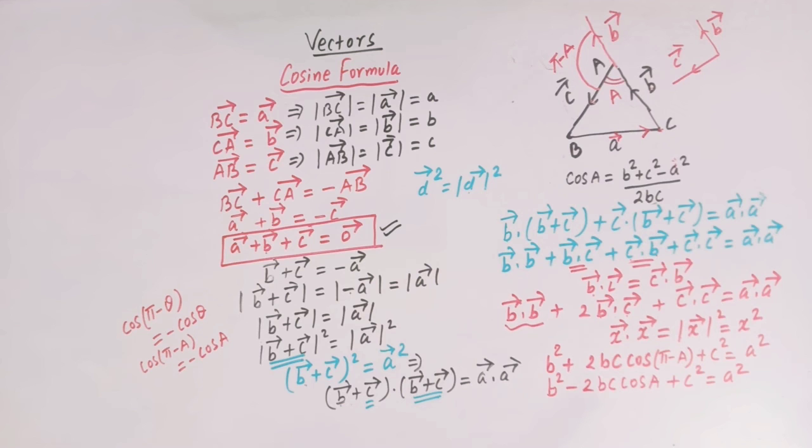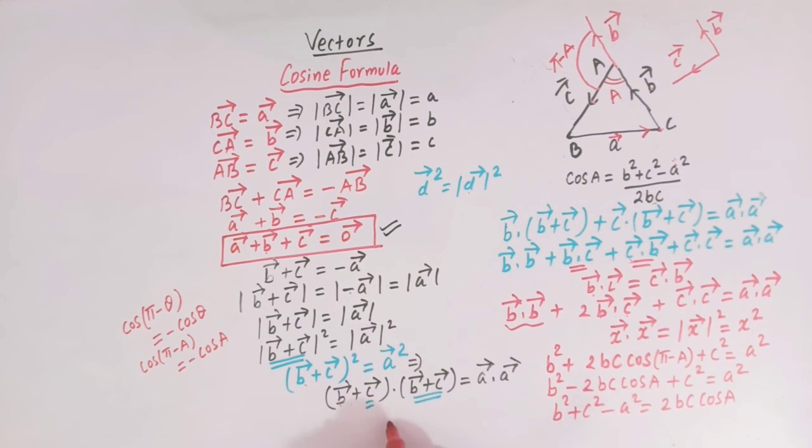Now if we rearrange this expression, taking a square to this side and taking this term to the right hand side, we have b square plus c square minus a square equal to 2bc cos a.